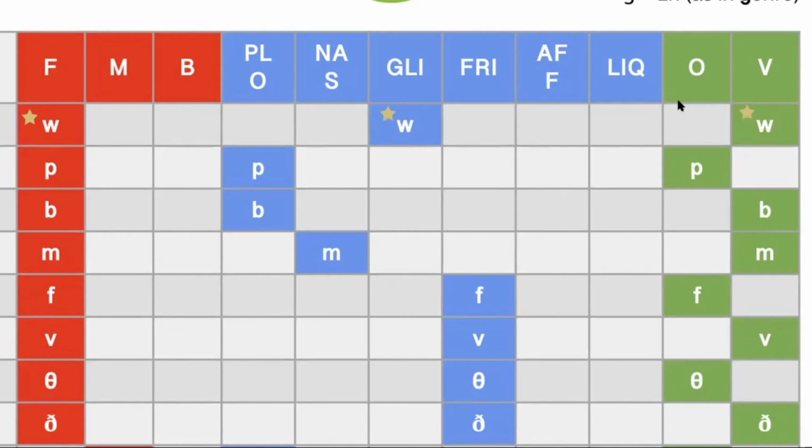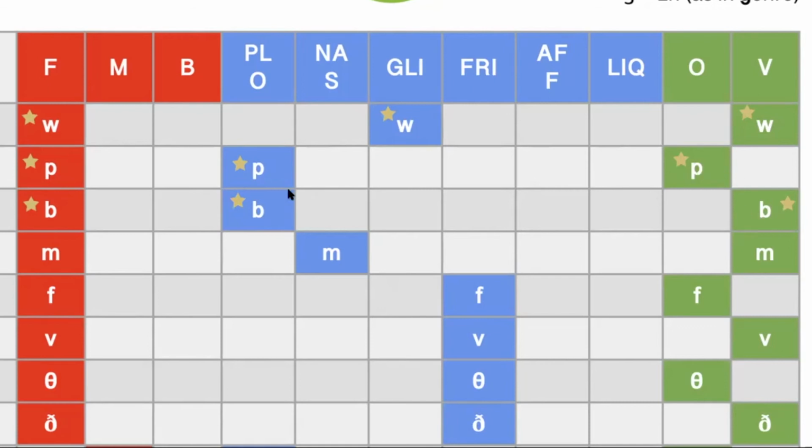You getting the idea? P is a front phoneme, it's a plosive, and it's voiceless. But b is a front phoneme, it's a plosive, and it's voiced. So p and b, same placement, same manner, different voicing.